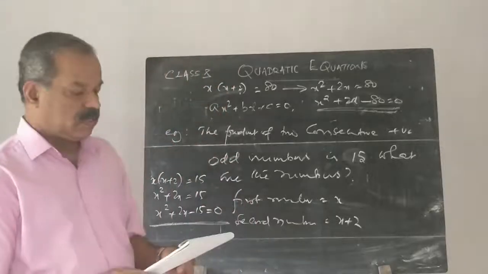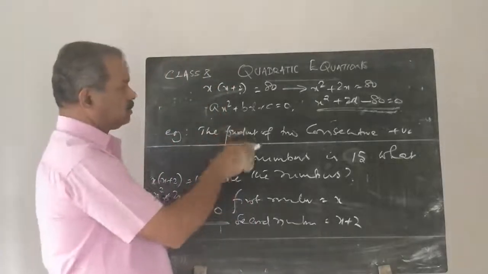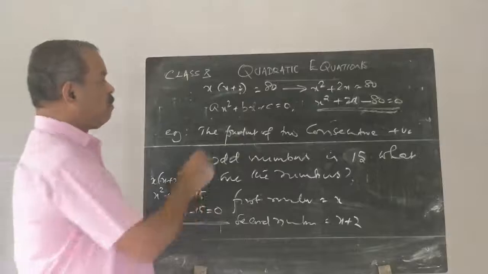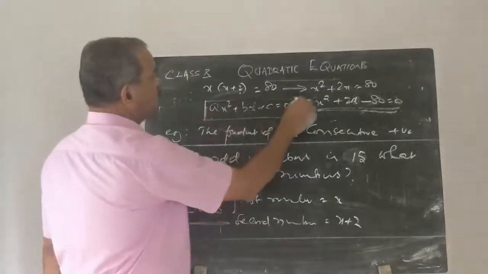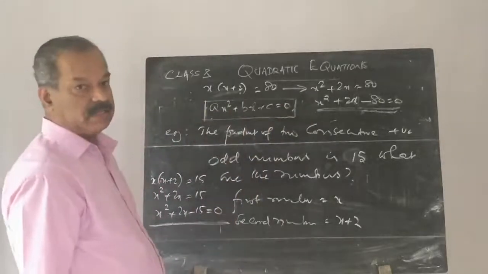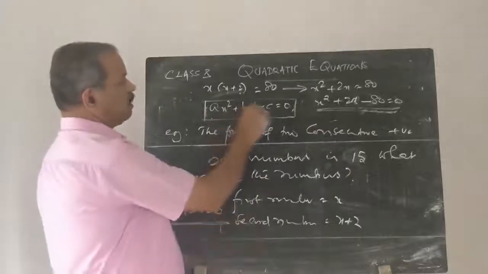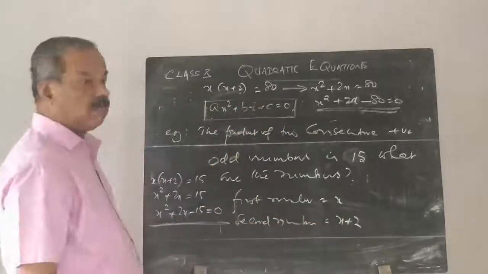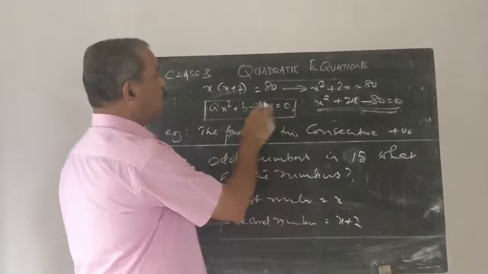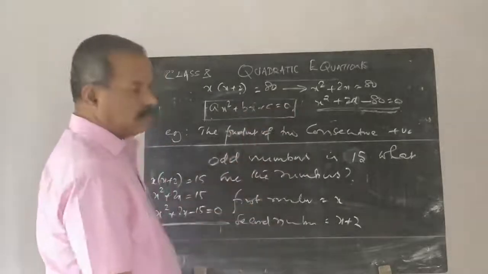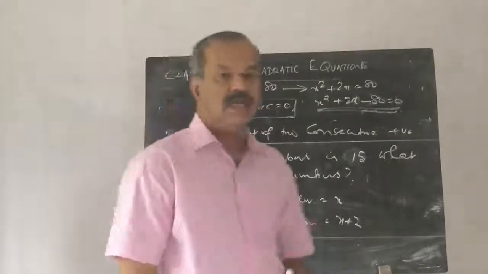What is important in this section is the standard form of a quadratic equation and the conditions: ax square plus bx plus c equal to 0, where a not equal to 0, b and c can be 0, a, b, c are real numbers.